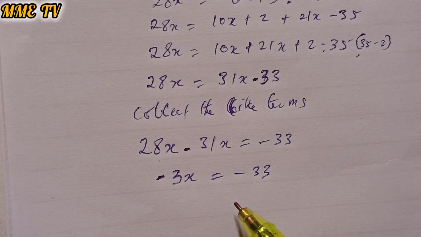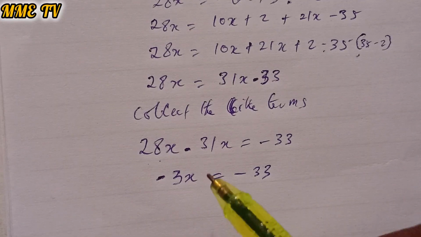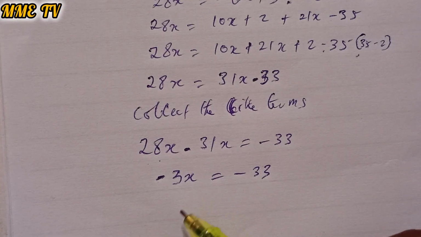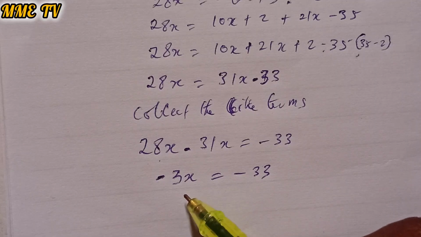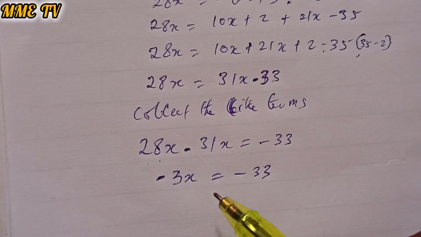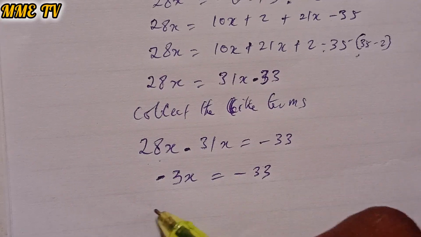So at this point, you are going to divide both sides by the coefficient of x. How do you divide by the coefficient of x?